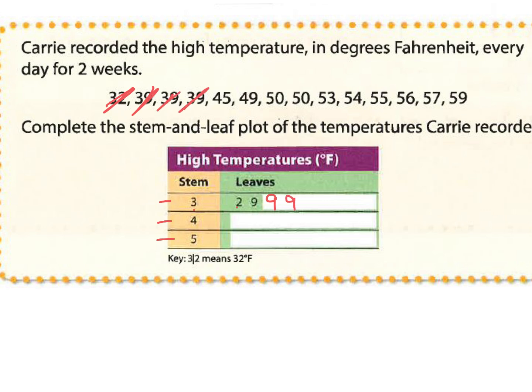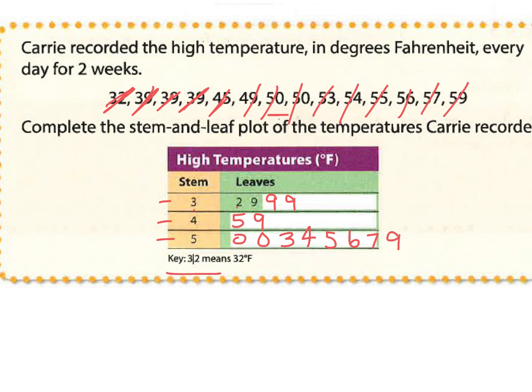Now we have 40s. So we had 45, 49, and those are all the 40s. And now we're in the 50s. So we had 50, 50, 53, 54, 55, 56, 57, then I went off the table a little bit, 59.